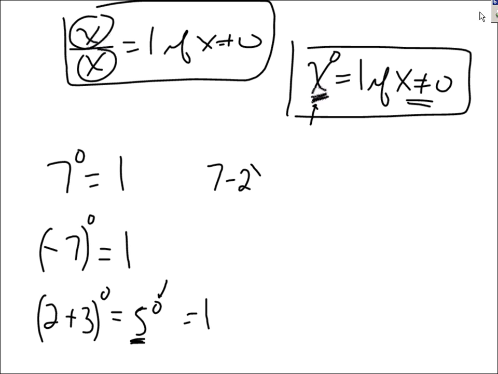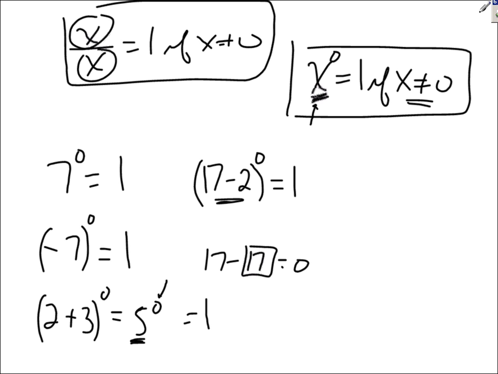17 minus 2 is not 0. Raise it to the 0 power, you get 1. I know this isn't 0, because only one number, namely 17, gives 0 when you subtract 17. So 17 minus 2 is not 0. Last one, if I ask you, what is 5 minus 5 to the 0 power?